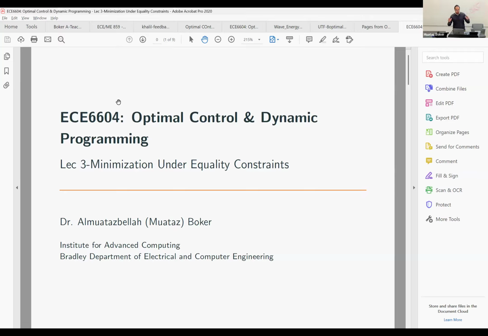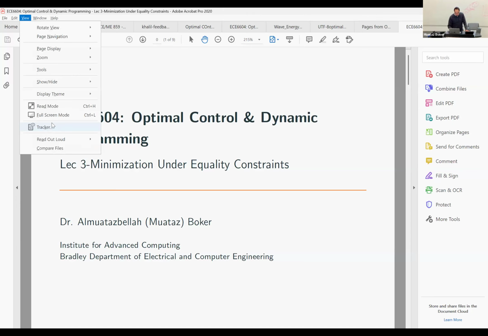The second lecture is a basic lecture about minimal points, minimum and maximum points. In the third lecture today, I'm going to talk about minimization under equality constraints. Before lecture 2, there were no constraints. We have a function, we want to minimize it and find the minimum points, right?